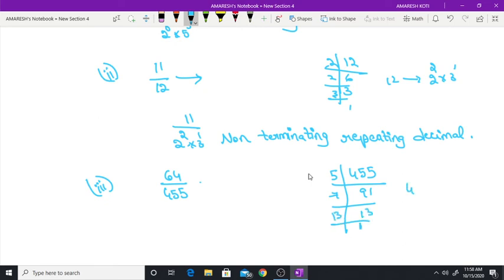So 455 can be written as 5 into 7 into 13, but the denominator should be in the form of 2 power m into 5 power n. So this is also a non-terminating repeating decimal.